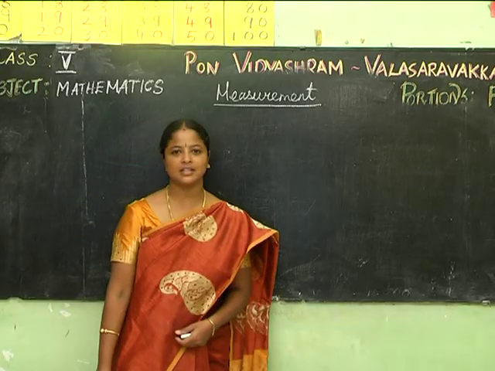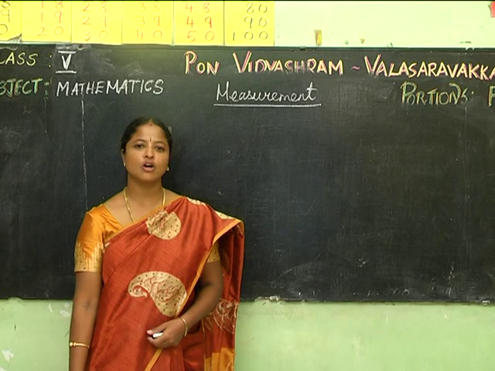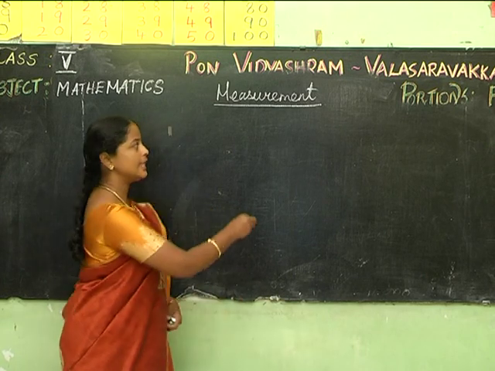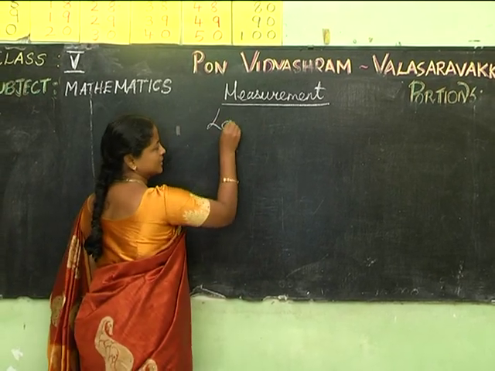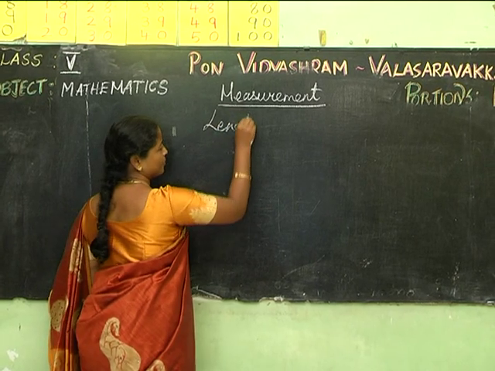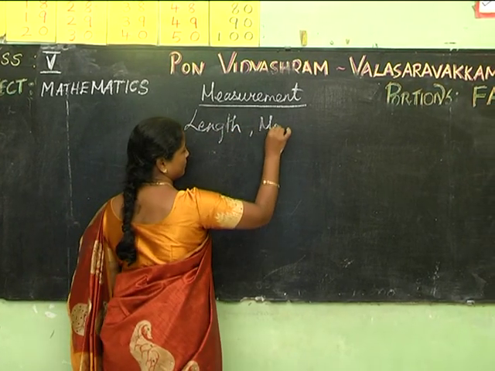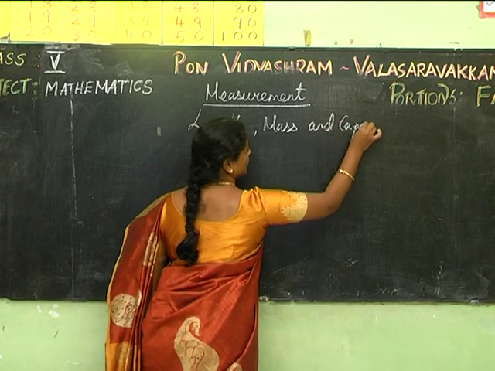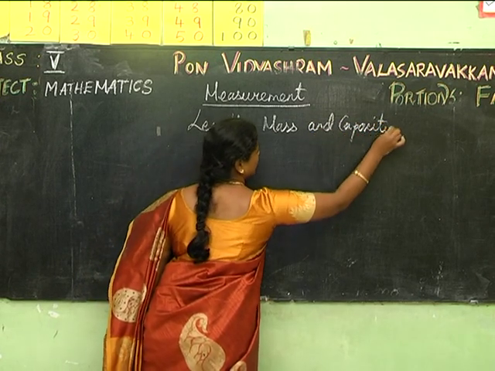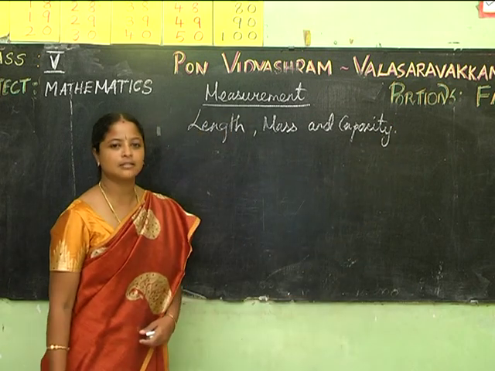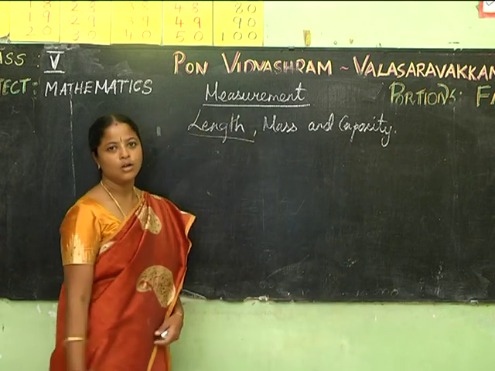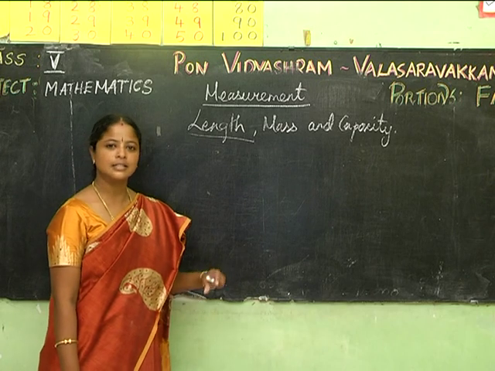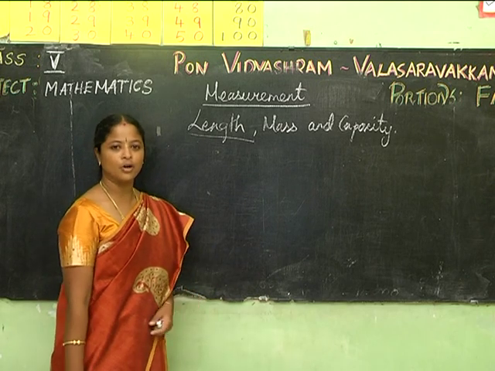As we have learned in class 4, the three components of measurement are length, mass, and capacity. First we shall see length. What is length? Length is the distance between 2 points.